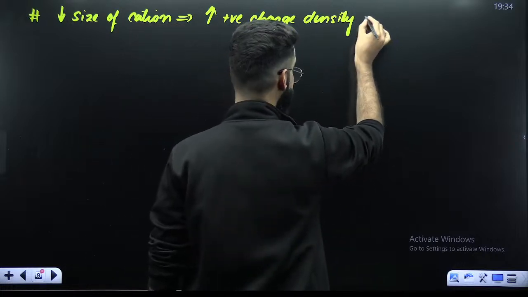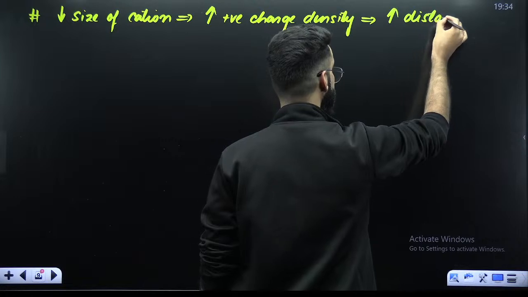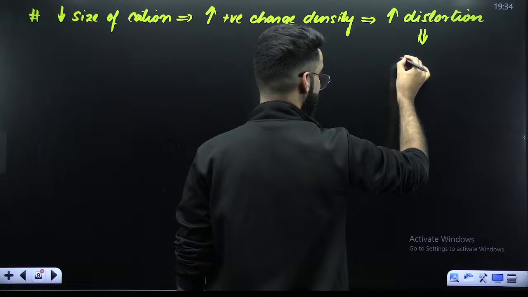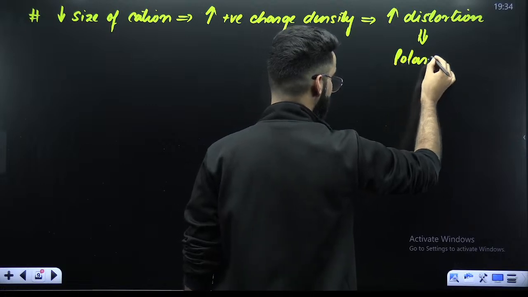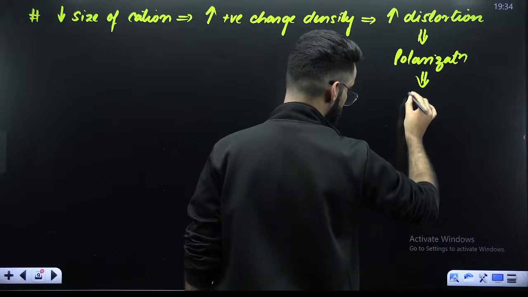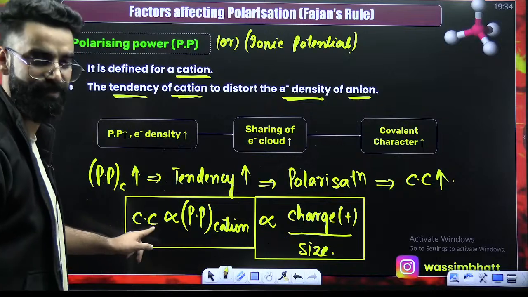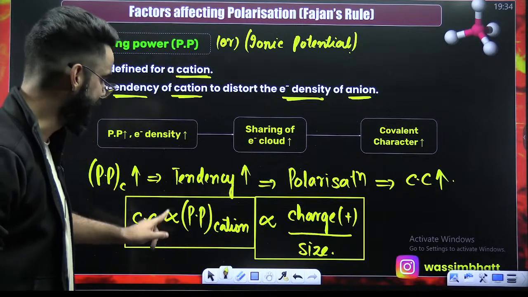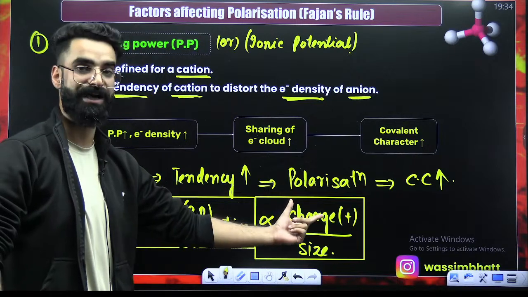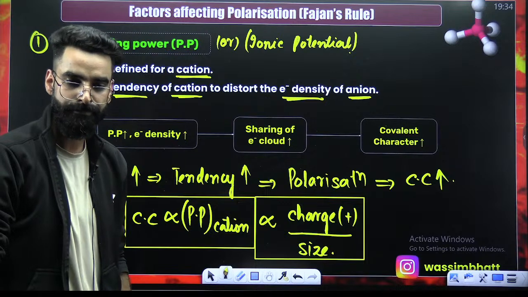Hence, more distortion of electron cloud of anion will happen. Hence, more the polarization. And we know, more the polarization, more the covalent character. So in short, you just have to remember this statement: covalent character in an ionic bond is directly proportional to polarizing power of cation. Polarizing power of cation is directly proportional to charge on cation, inversely proportional to size of cation. That's all. Nothing else.